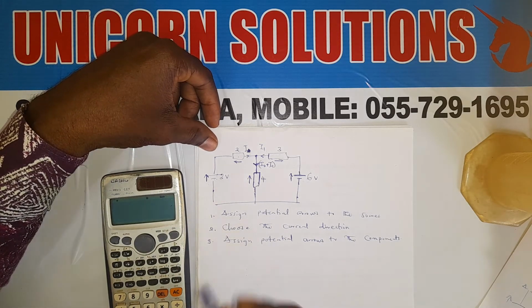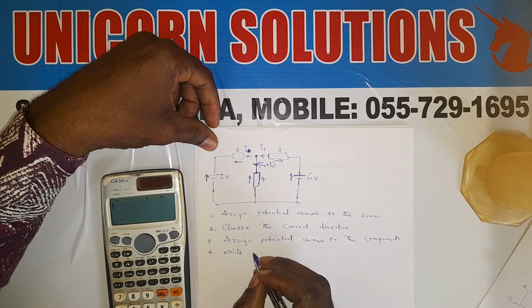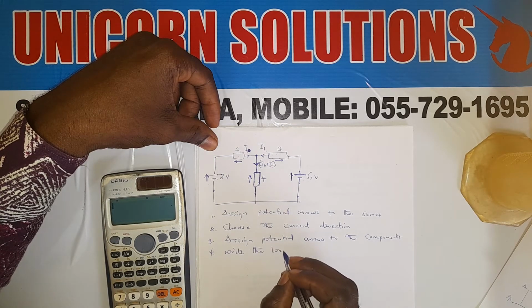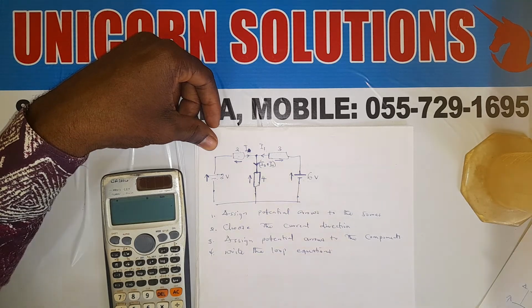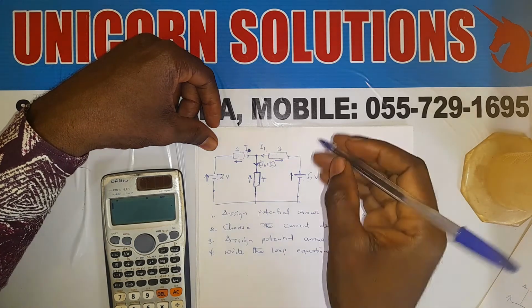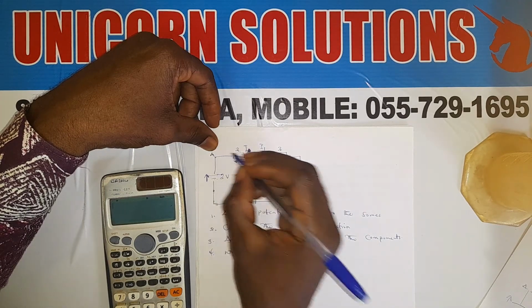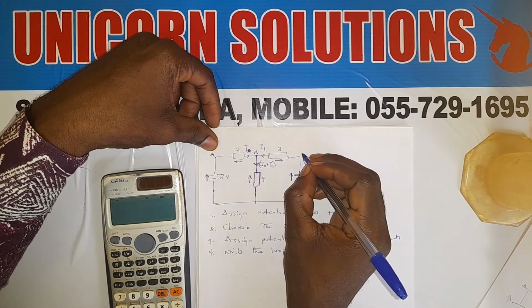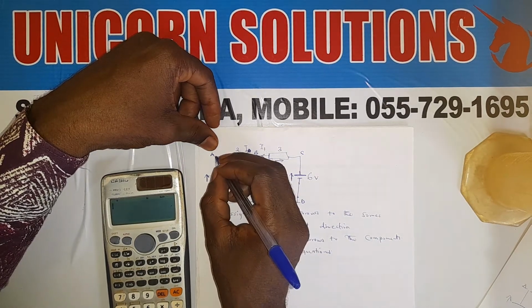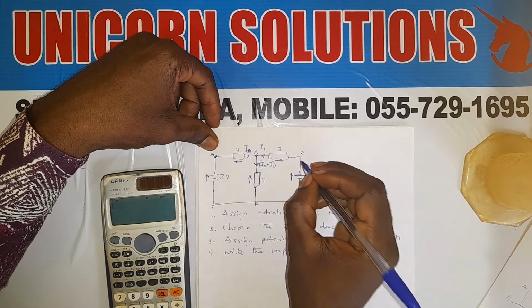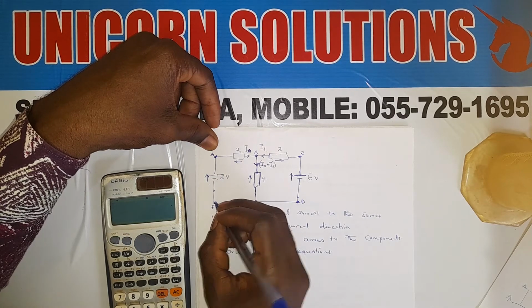Now, the fourth point is that we write the loop equations. But somebody will ask, how many loops are we having in this circuit? So let me label the circuit. You have A, B, C, D, E, and F. These are the junctions that we have, or the nodes.